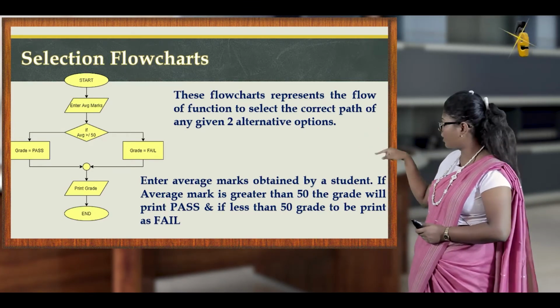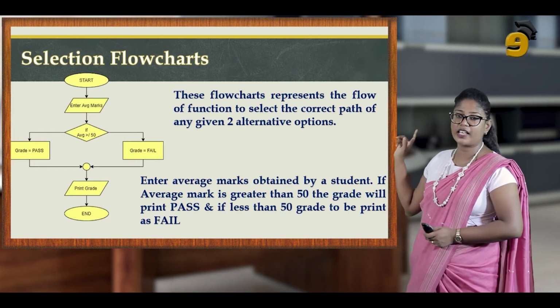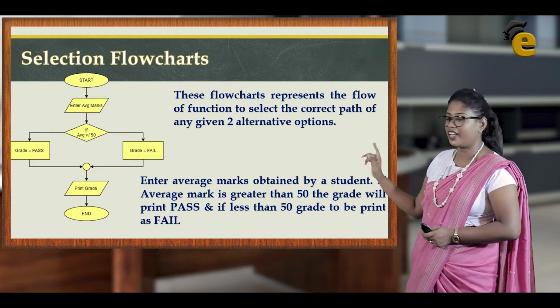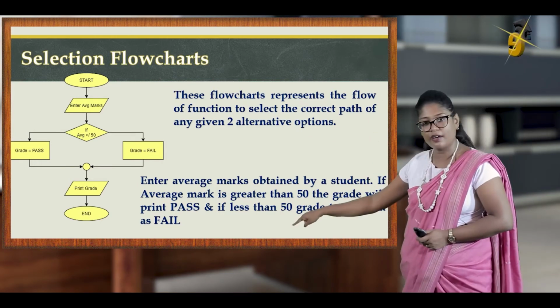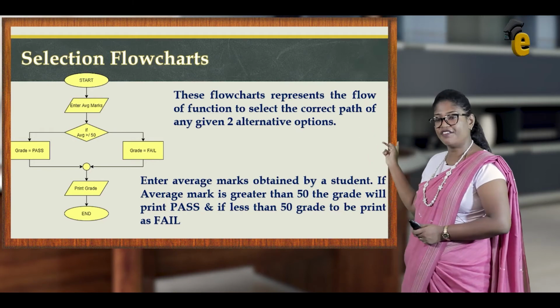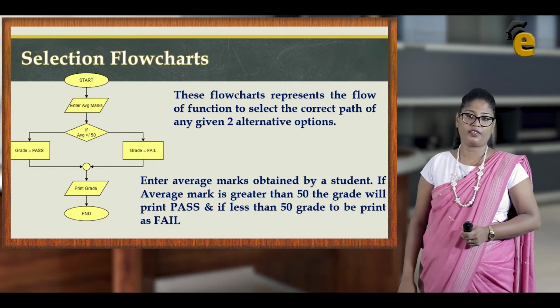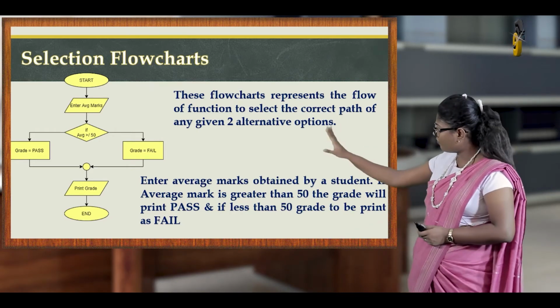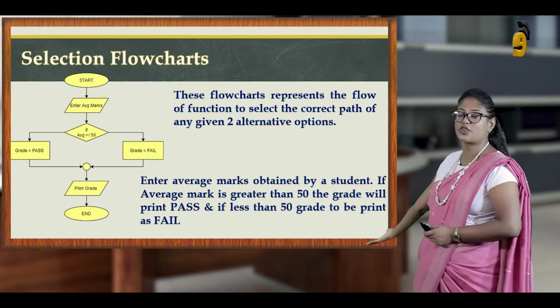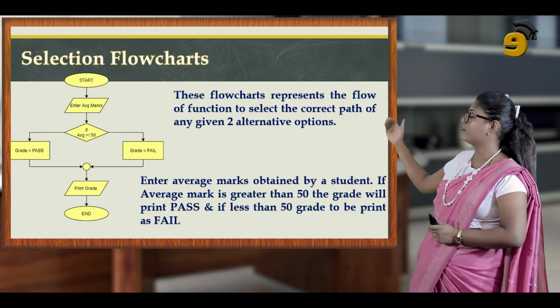Afterwards comes the decision box. If the average is equal to or greater than 50, it should go along to grade pass. If the average is below 50, then that student will go to the fail grade. Afterwards, either pass grade or fail grade, the student will get the results. That is the flow of the selection flowchart.